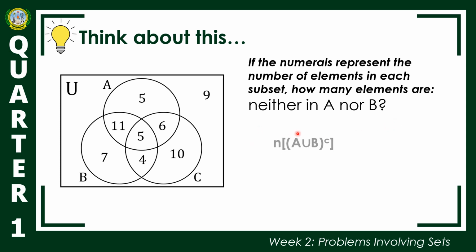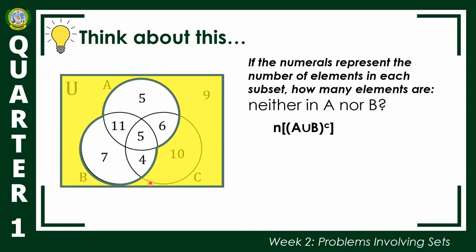In symbols, ang hinahanap po natin is the cardinality of the complement of A union B. Sa atin pong Venn diagram, ito po ay makikita natin sa labas ng A union B. And there are two subsets po sa labas ng A union B. So, i-add natin ulit ang number of elements in each set. We have 10 plus 9, and that is equal to 19. There are 19 elements that are neither in A nor B.